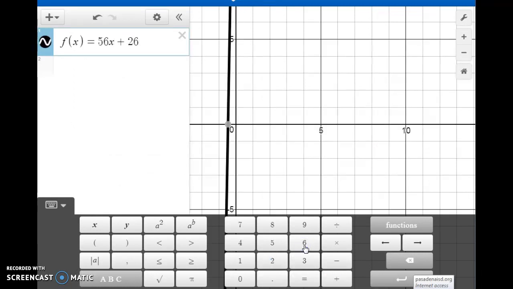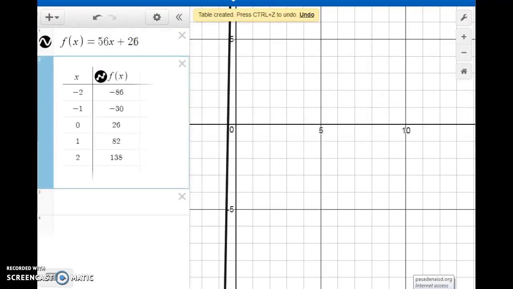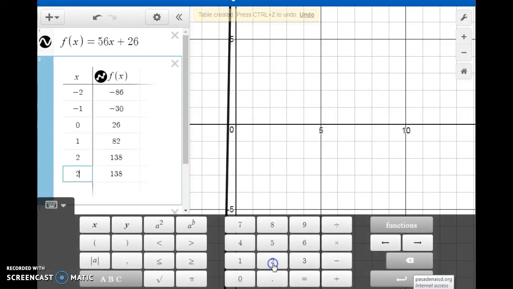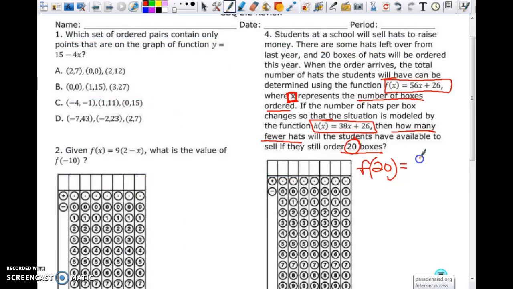Okay, now let's convert this to a table. And I know that if I order the 20 boxes, I should have 1,146 hats.